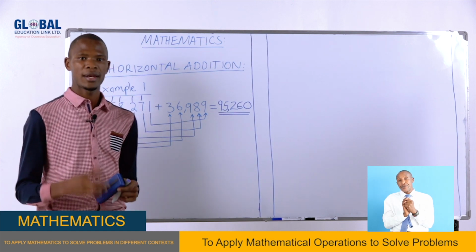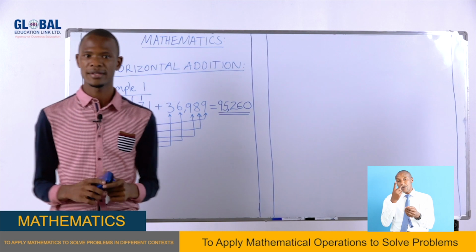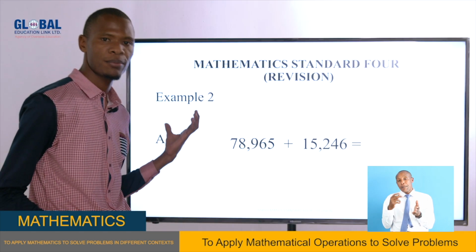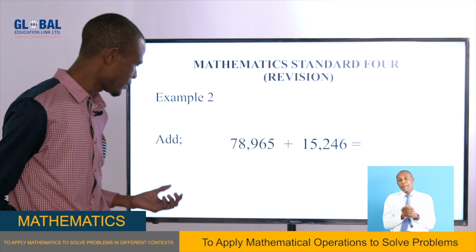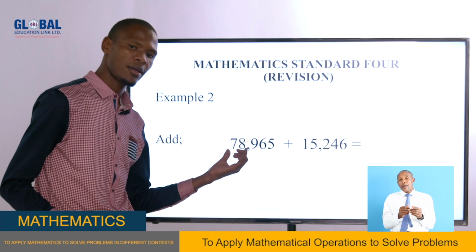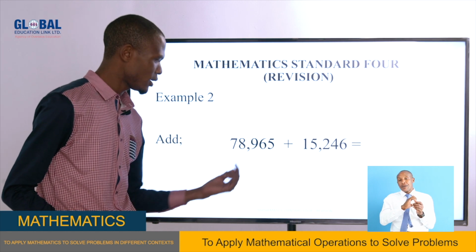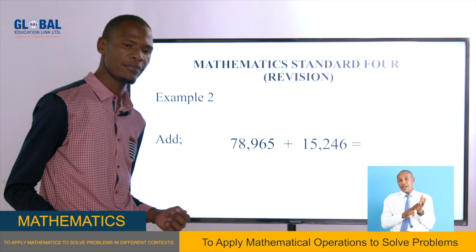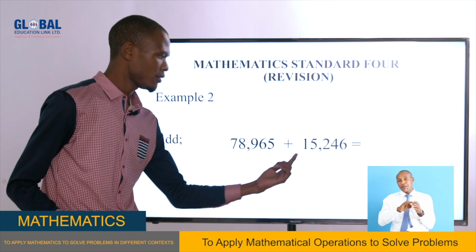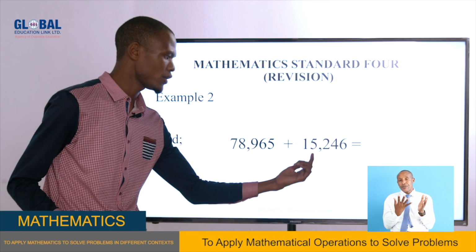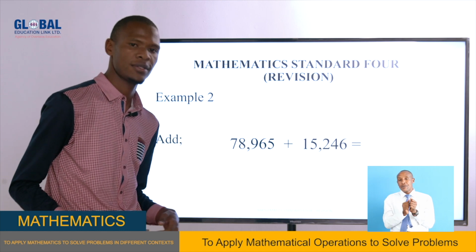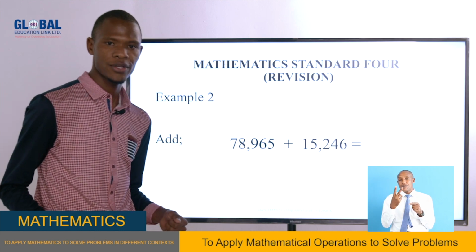Now, let us see the second example. This is example number 2. It states, add 78,965 plus 15,246. Let us do on the whiteboard.